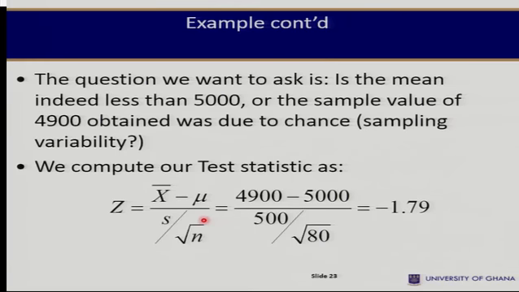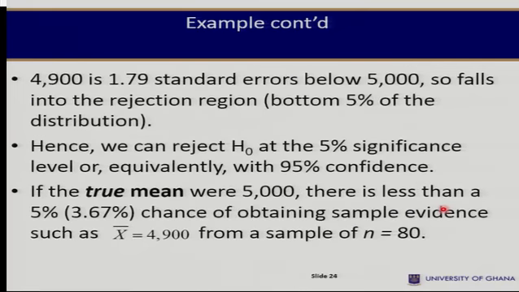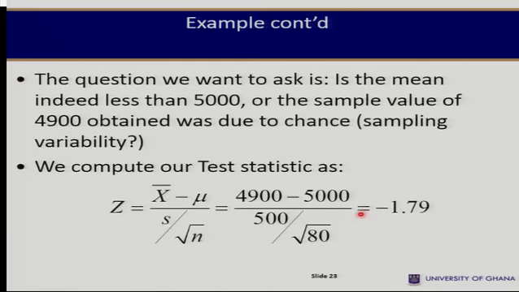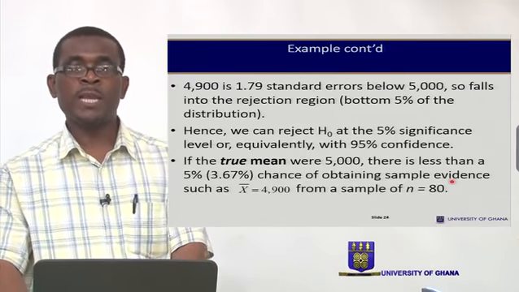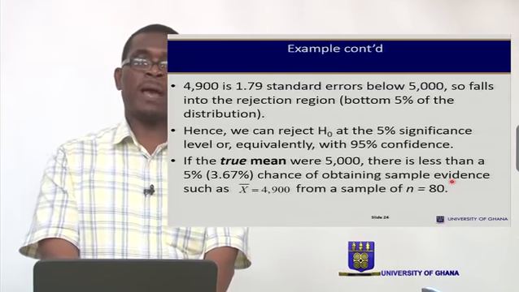So z is equal to x bar minus mu divided by s over the square root of n, where s is the sample standard deviation and n is the sample size. Given the values, we obtain z to be minus 1.79. Clearly, our test statistic, minus 1.79, lies in the rejection region because it's less than minus 1.64. So we need to reject the null hypothesis.